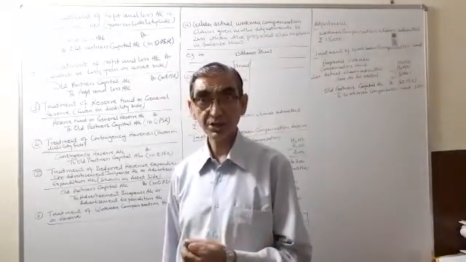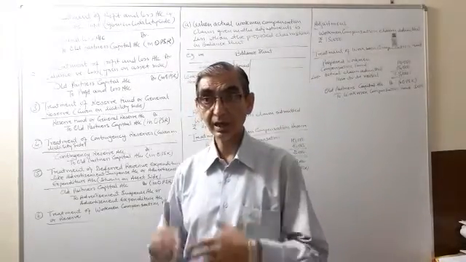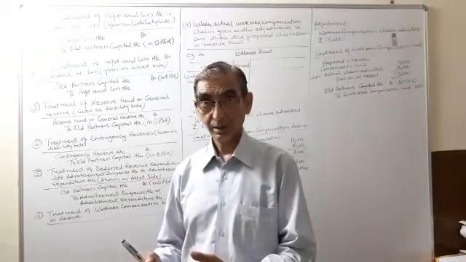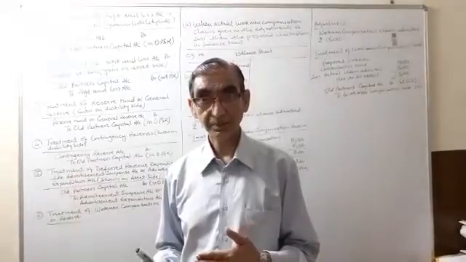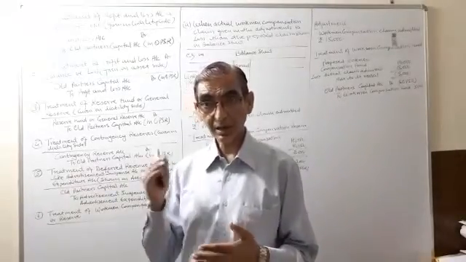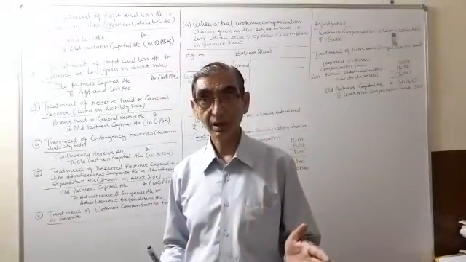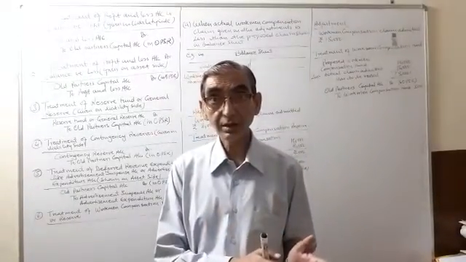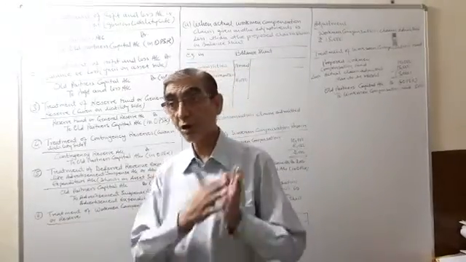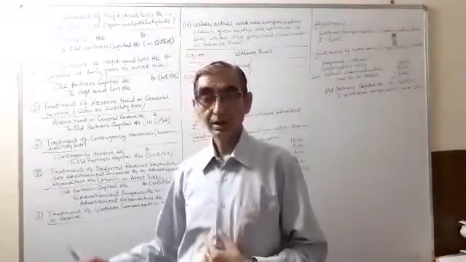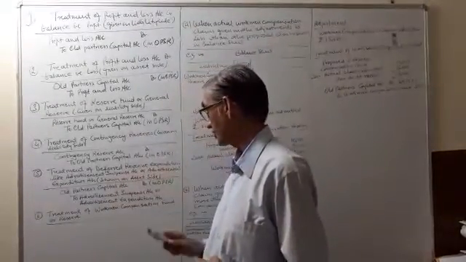Deferred revenue expenditure means any amount that is being incurred, a very big amount that has been incurred as an expense in the current year or in the past, and the benefit of it is going to be achieved by the business organization for a longer period of time. That is called as your deferred revenue expenditure.